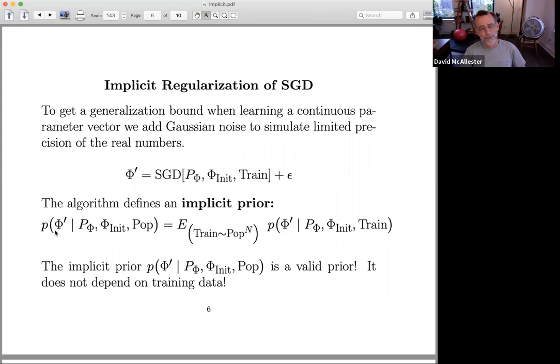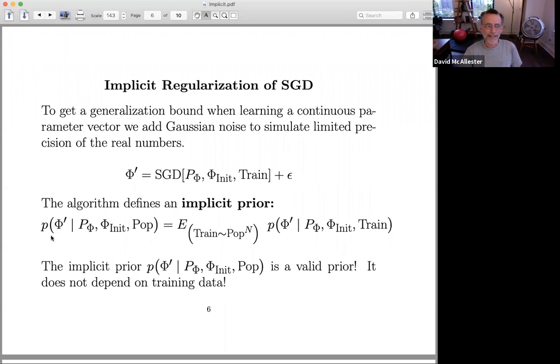So this is sort of the probability of getting this vector when I draw training data. So it's defined in terms of the population distribution. It's the probability that I get this vector when I draw training data, run the algorithm, and draw a vector from that algorithm by adding noise.